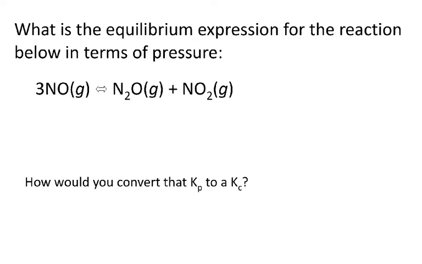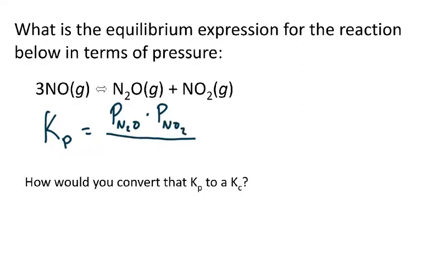All right, what is the equilibrium expression for the reaction below in terms of pressure, and how would you convert that Kp to a Kc? So why don't you pause the video, work that through, and then I will give the answer. So my Kp is my partial pressure of my N2O times my partial pressure of my nitrogen dioxide divided by my partial pressure of my nitrogen monoxide to the 3rd power.